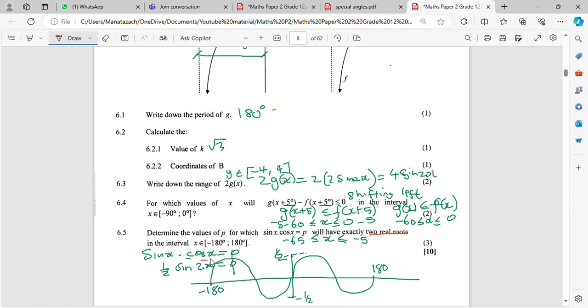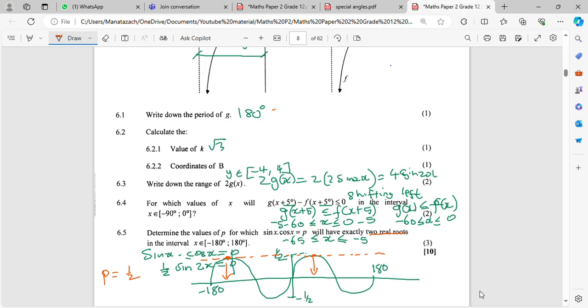So I'm just going to write here a dotted line, which is horizontal. You can see here, that's when I'll have a root here, and then also here I'll have the intersection. That means I'll have another root here. So that condition will be met if p is equal to 1 over 2.